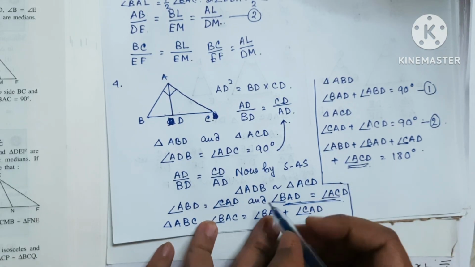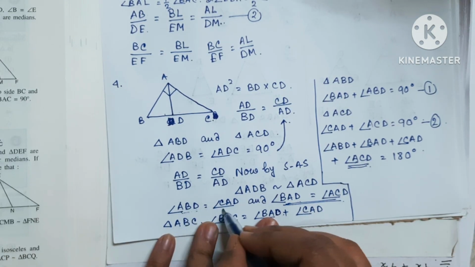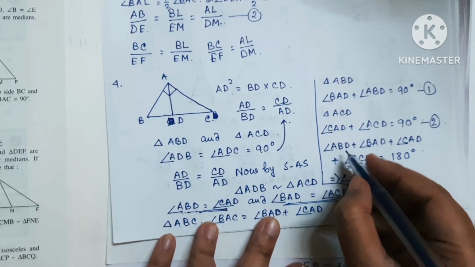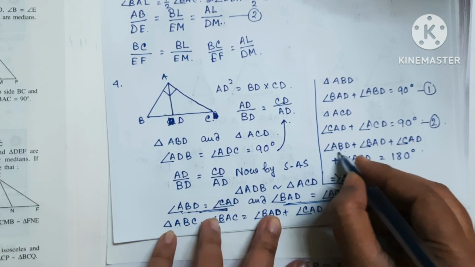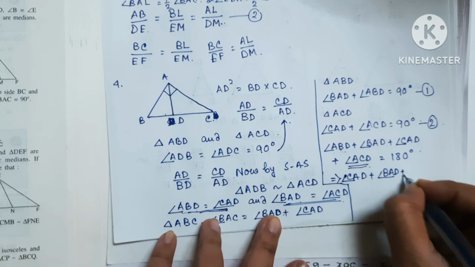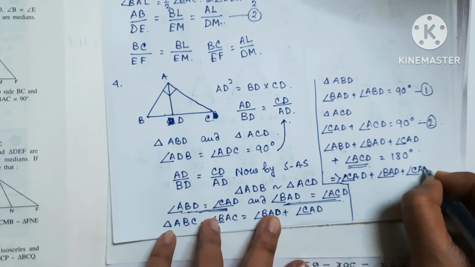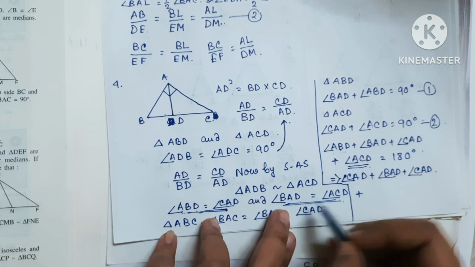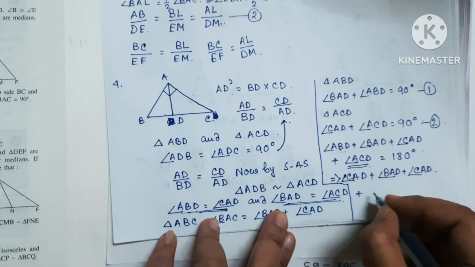So you can replace it, and angle ABD is equal to angle CAD. So you can replace these two things. So you can write angle CAD in place of angle ABD, plus angle BAD plus angle CAD, plus you can write BAD in place of ACD because they are equal.